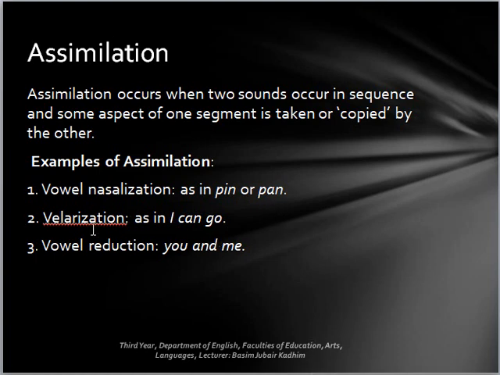We have velarization, as in 'I can go', so n and g become ng. This is assimilation. Vowel reduction: 'you and me', so this 'and' becomes just n, 'you 'n' me'. And so on. There are so many assimilation processes.